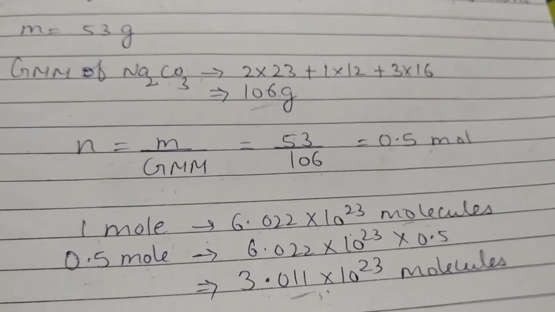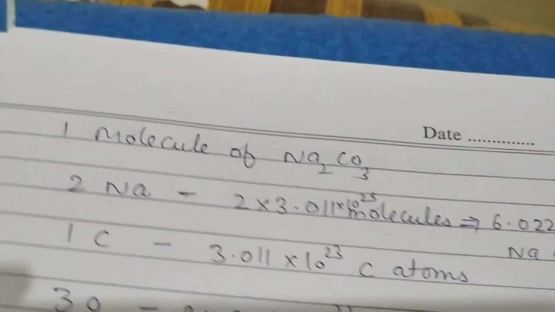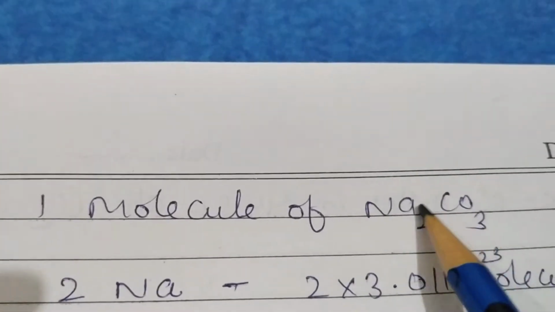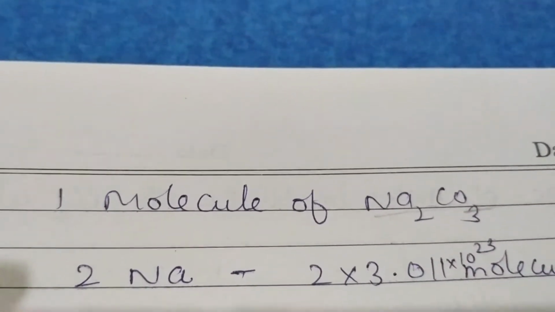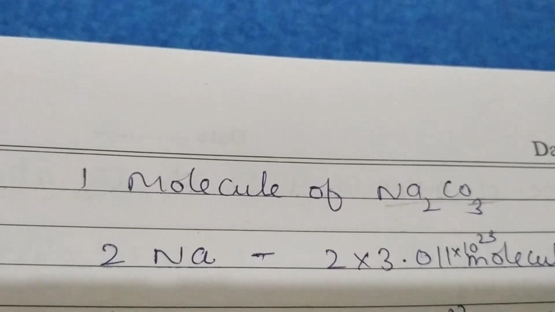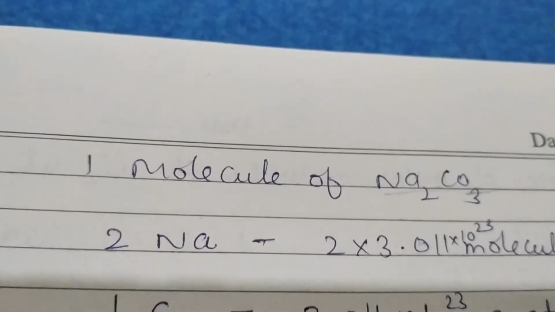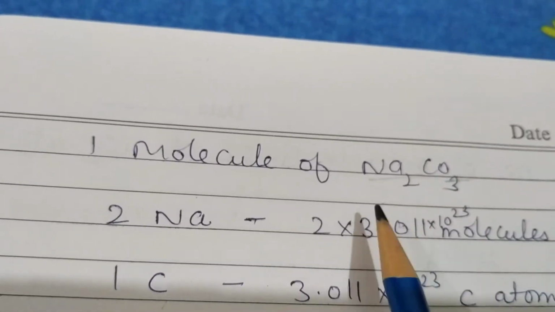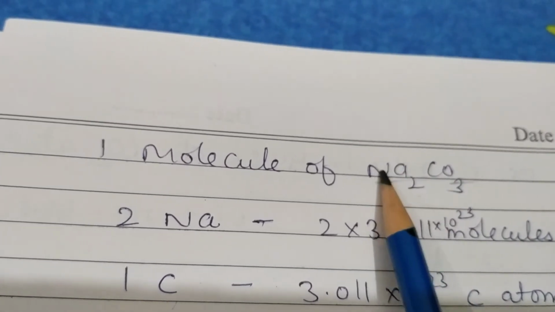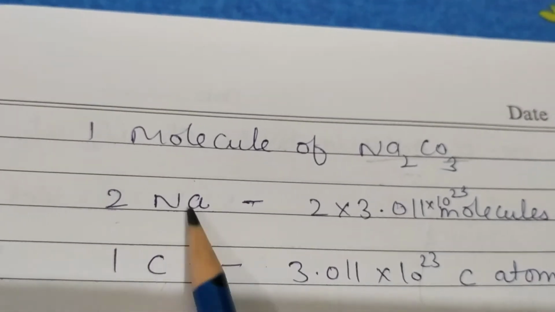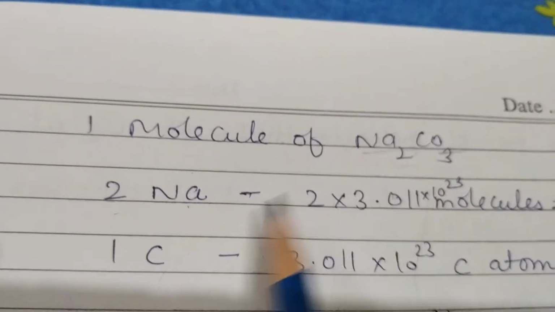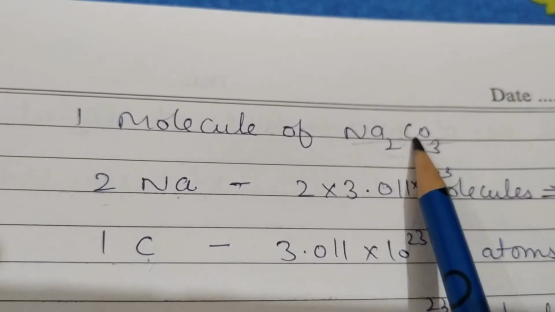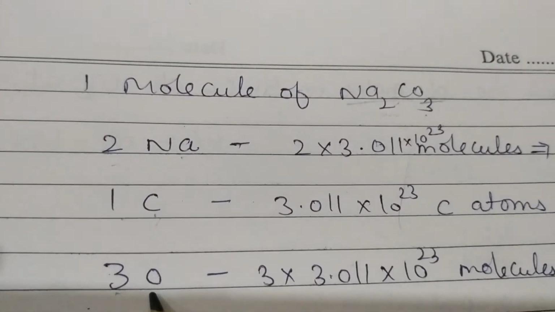Okay, so let us see how. See, 1 molecule of sodium carbonate contains how many atoms? Different atoms. See, it contains two sodium atoms, 1 carbon atom, and 3 oxygen atoms, right?